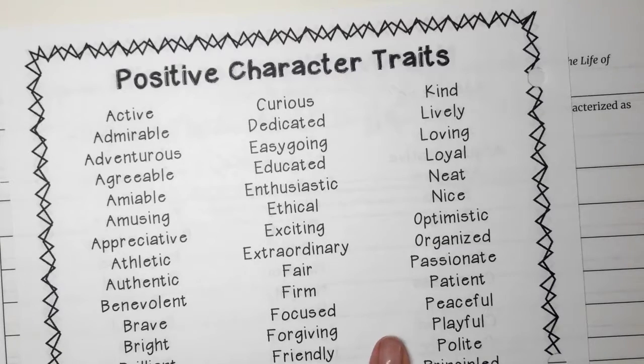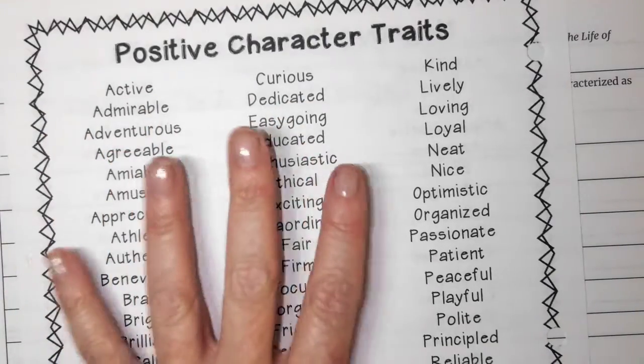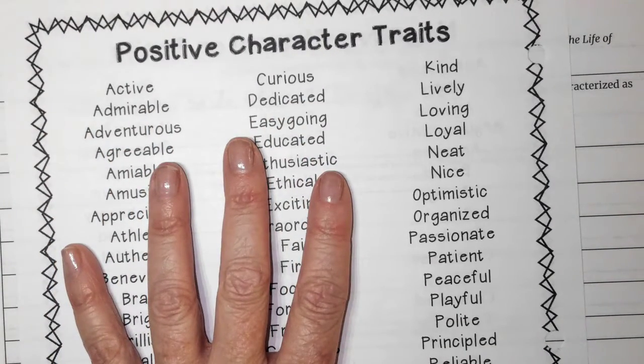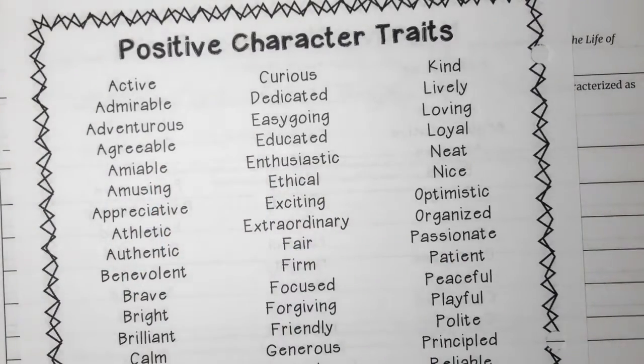When you find these, jot down a brief definition out to the side, because we're going to continue to use this character trait list all quarter. So work with an elbow partner, find two character traits that you think would identify with Frederick Douglass. Circle them, write the definition out to the side. You have like two minutes, go.